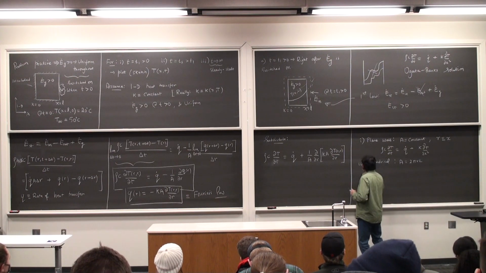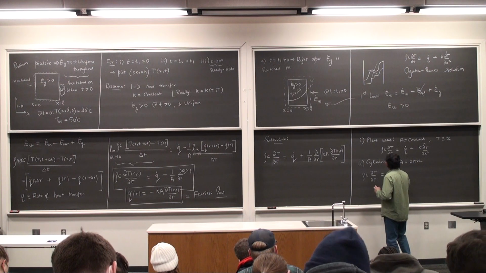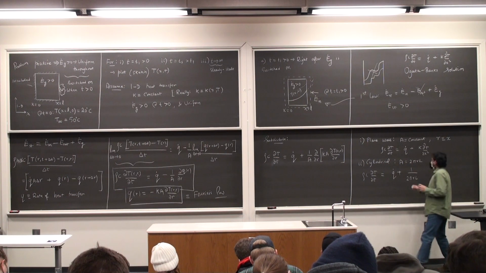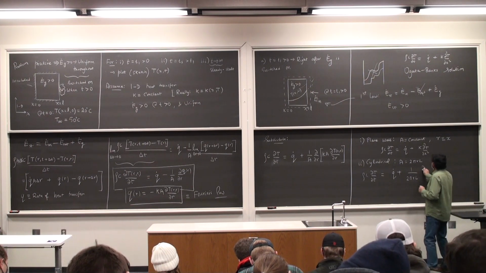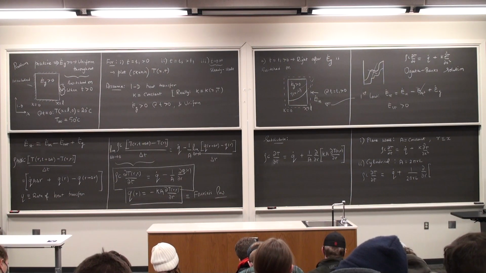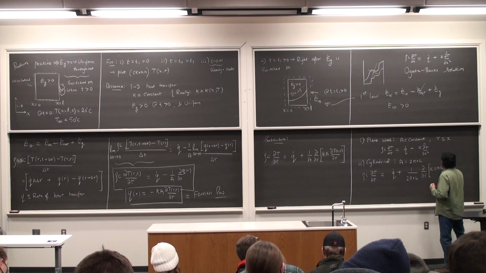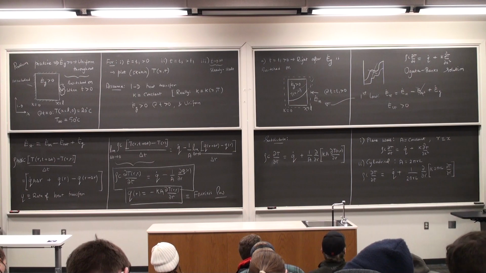So this is going to be rho c dT by dt equals Q dot plus, with area, 1 by 2 pi rL d by dr of K times A, which is K times 2 pi rL, dT by dr.